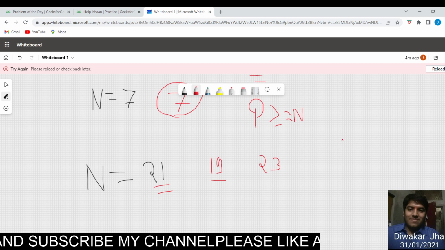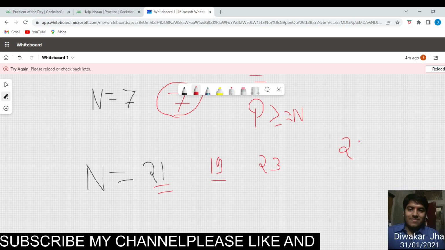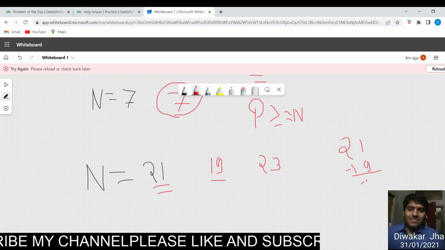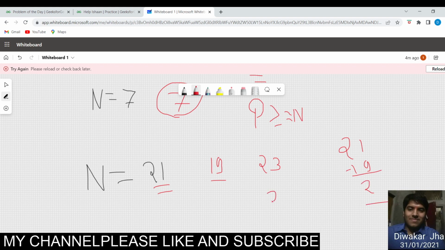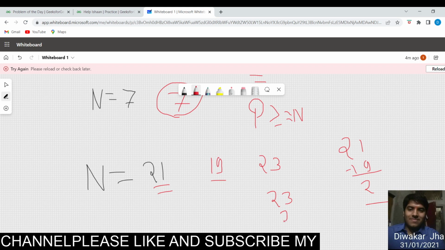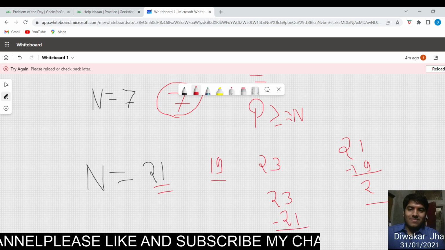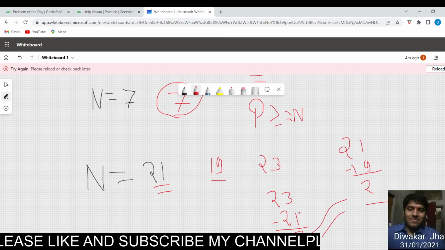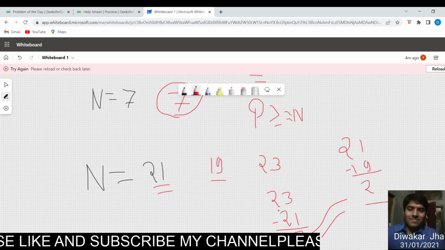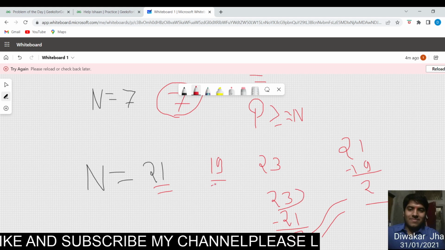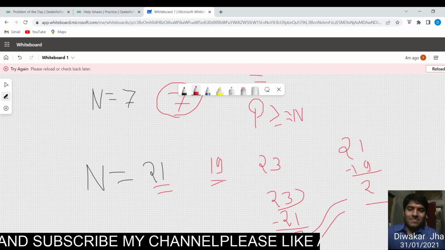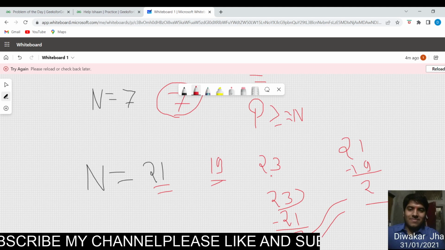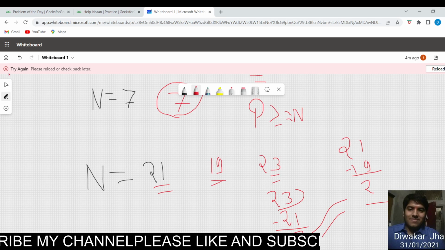You can easily check that 21 minus 19 is 2, and 23 minus 21 is 2. Both are equal, so this is our answer. You can take either the 19 value or the 23 value.